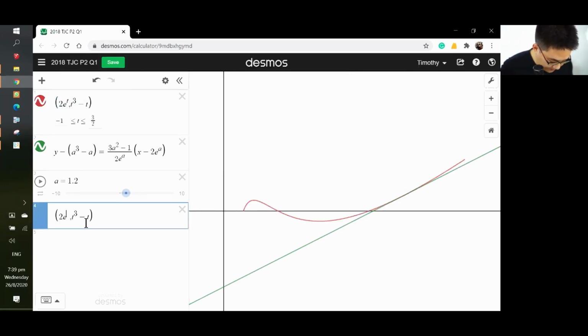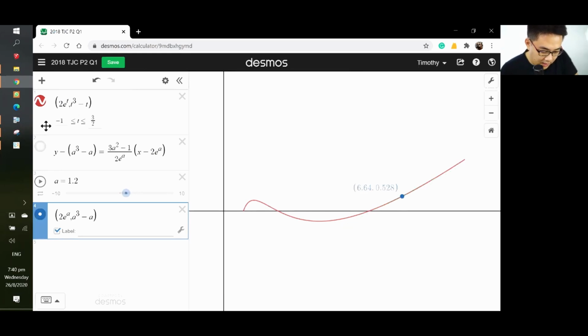This is a. We already established last week that with different a values, you will just trace it down on the curve here. But because our parameter is restricted from -1 to 3/2, we only take part of it. If it's from -10 to 10, it will be a different part.